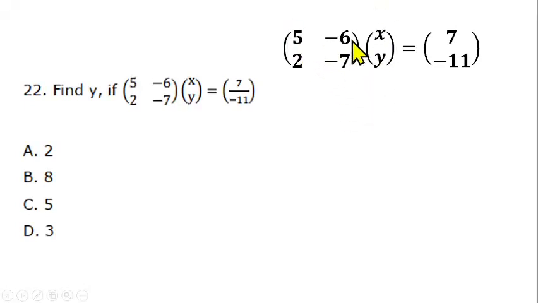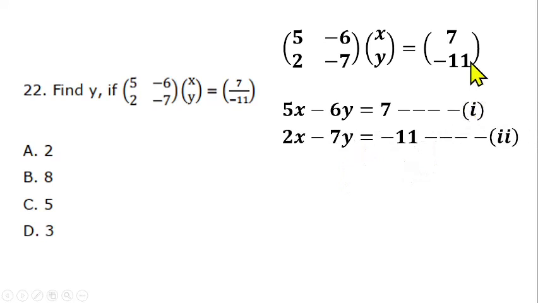We know that row will multiply column, row will multiply column. So 5 times x gives us 5x, then minus 6 times y gives us minus 6y. So we have 5x minus 6y equals 7, using the equality of matrices. Also 2 times x will give us 2x, minus 7 times y gives us minus 7y, so equals minus 11 as well.